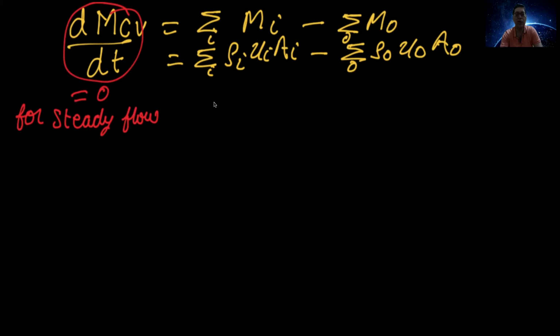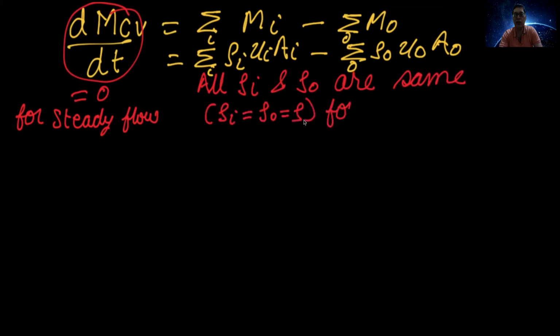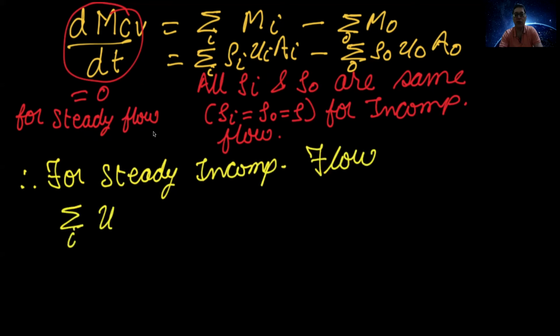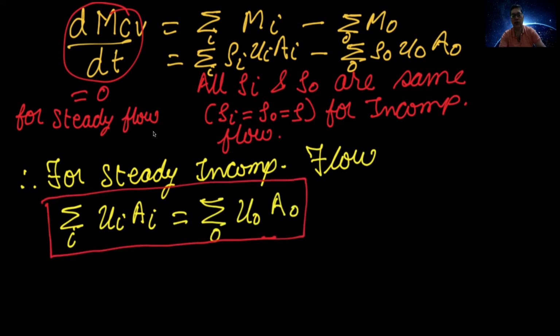Moreover, if you have an incompressible flow, the densities for all inlets and all outlets are the same. So if you consider a steady incompressible flow, this term equals 0, rho comes out, and your general expression is sigma u_i A_i equals sigma u_o A_o.